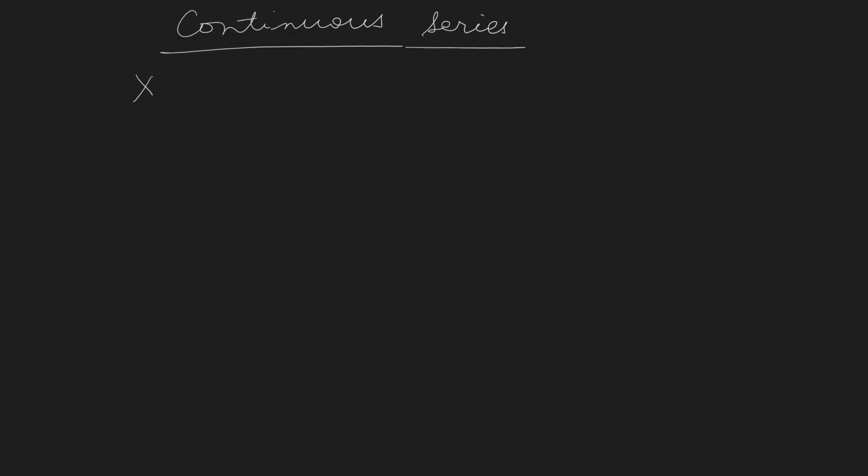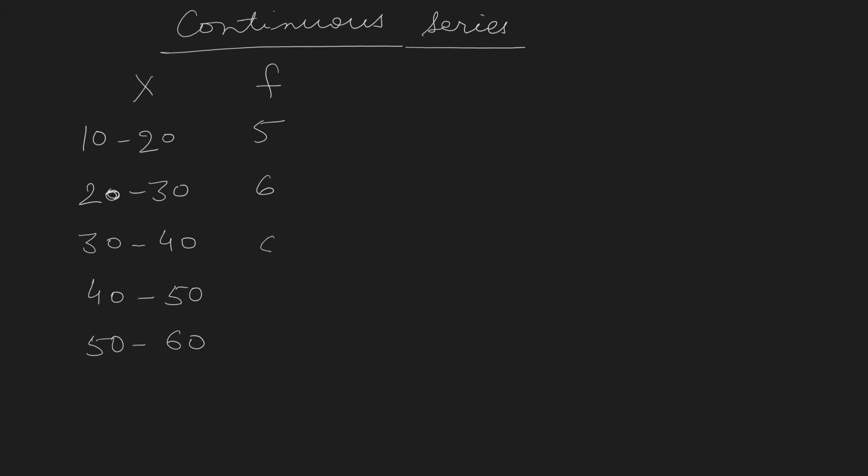Take it as if the x variable is 10 to 20, 20 to 30, then 30 to 40, 40 to 50, 50 to 60, and the corresponding frequency can be any value. Take it as 5, 6, 8, 12 and 20. So this is the continuous series.